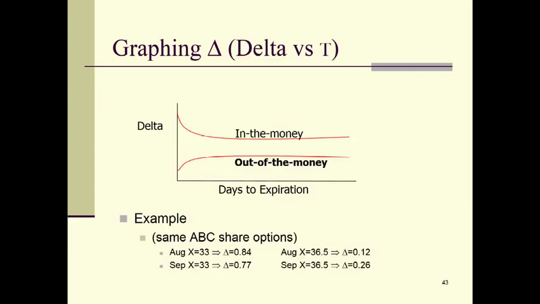You can also graph delta against time. So again, I have two sets of options here. Are they in or out of the money? The same stock price, 34 something. Is this in or out of the money? This one. You must know by now, right?